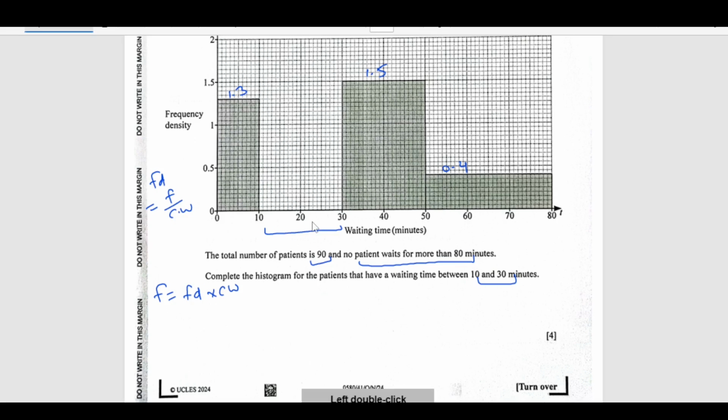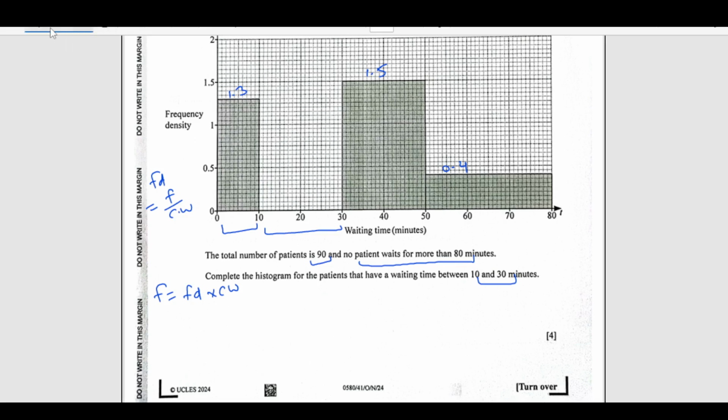The class width is this one, 0 to 10. So if we take the first one, we have the difference of 10. So class width times frequency density 1.3 is 13, right? Let me write in the same order so that I'm not confusing you.